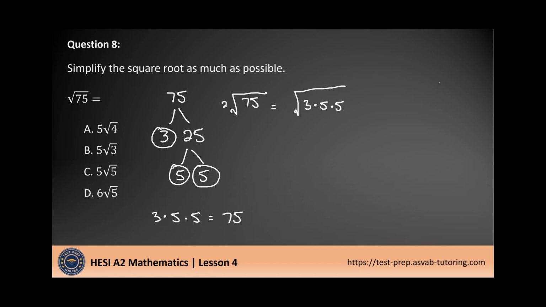This is a 2, just an invisible 2 here. 3 times, and then another way we can write this is 5 squared. We have 2 5s here, so this 5 is actually going to come outside of the radical. So 5, and then there's nothing we can do with that 3 because there's only one of them. So the 3 stays inside and we're left with 5 square root of 3.